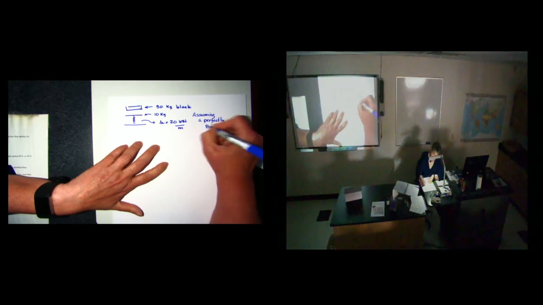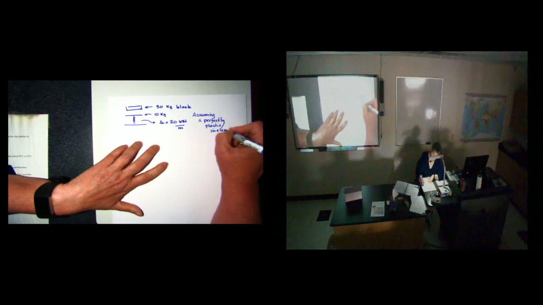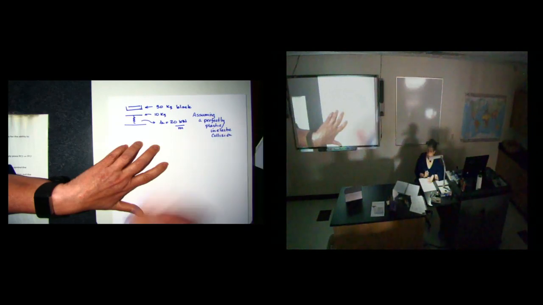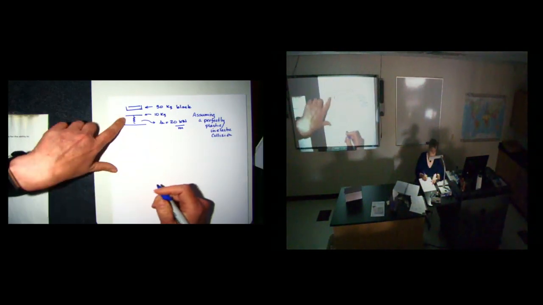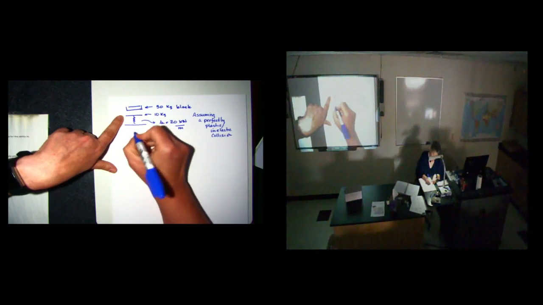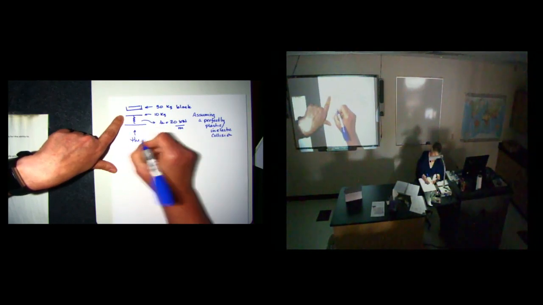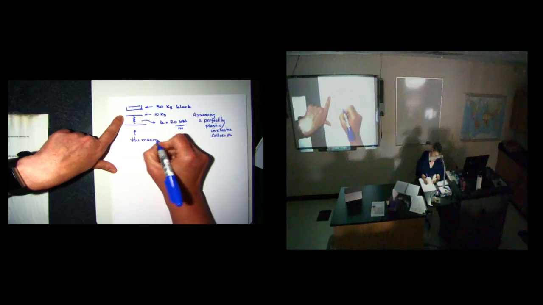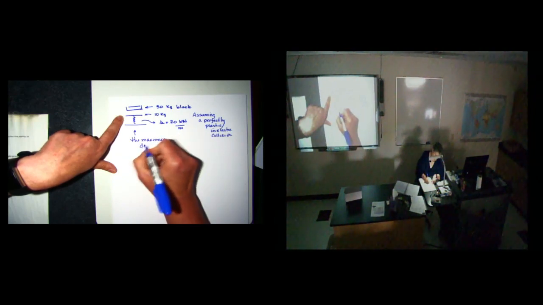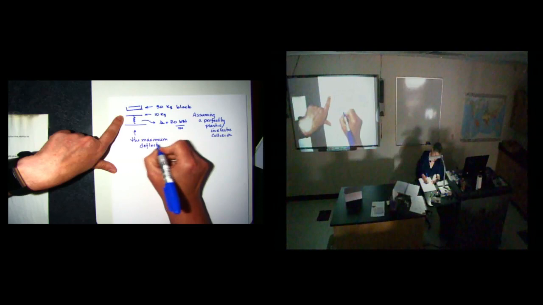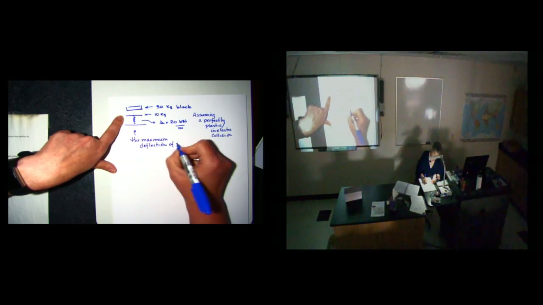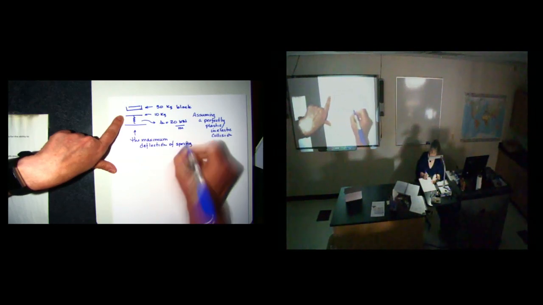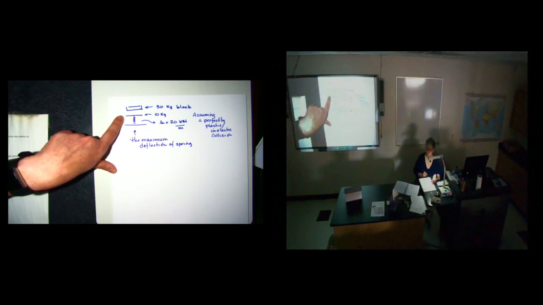Okay? So we're going to have to break this problem up into parts. We're going to want to look at before the collision. Before the collision, I'm going to have the weight of my 30 kilogram block and the weight of my pan.